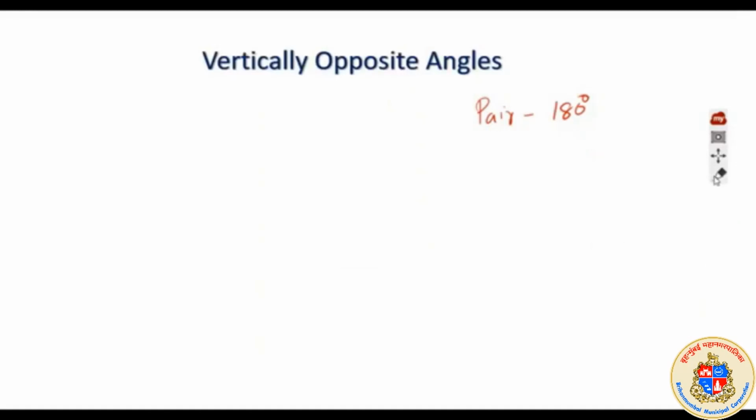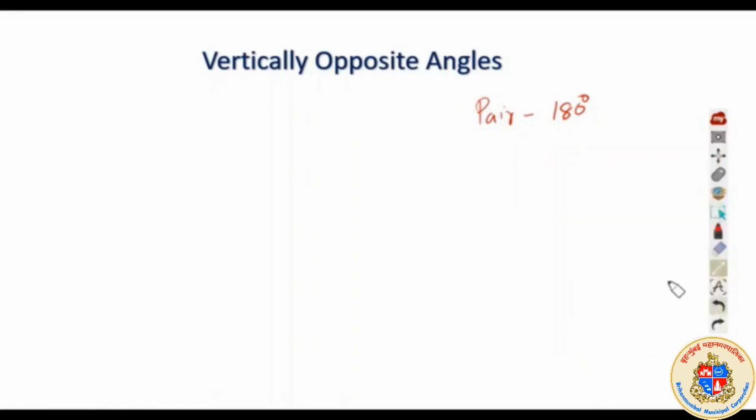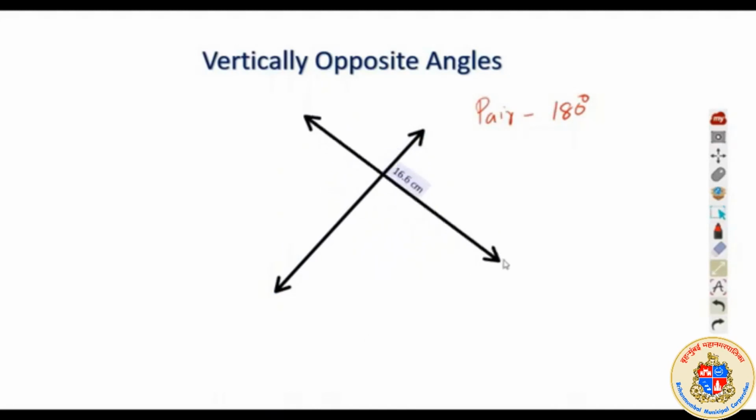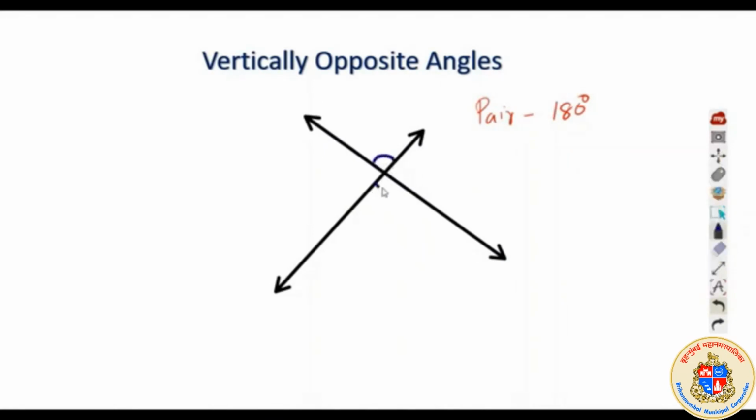Vertically opposite angles. Vertically opposite angles are formed when two lines intersect. Suppose that there is a line like this, another line like this. They intersect and make four angles, and opposite angles in this are congruent, equal to each other, and we named such angles vertically opposite angles.